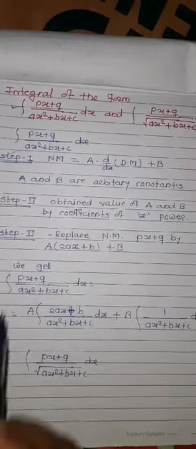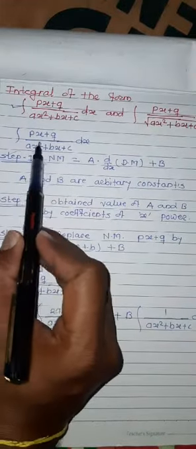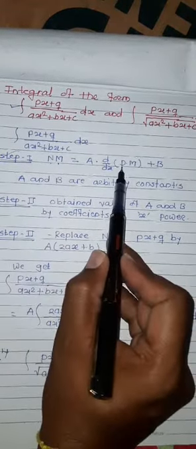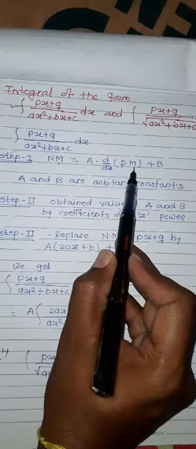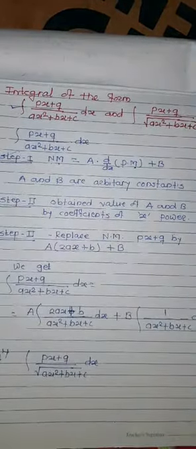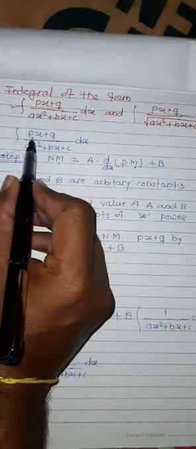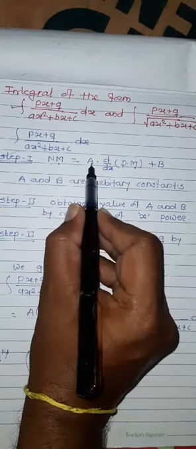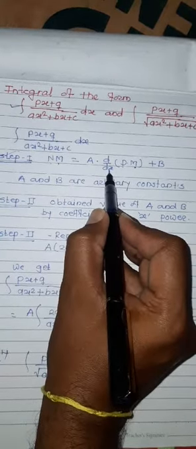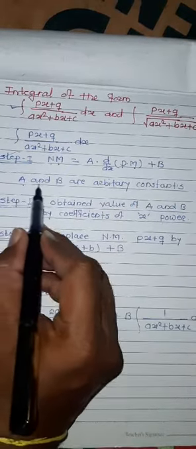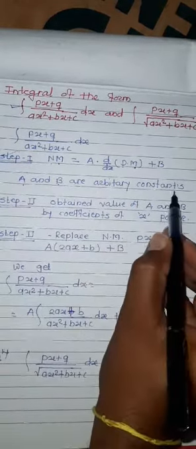Now we use the numerator and the denominator. NM stands for numerator and DM stands for denominator, isn't it? The first step is to take the numerator equal to A times the derivative of the denominator plus B, where A and B are arbitrary constants.